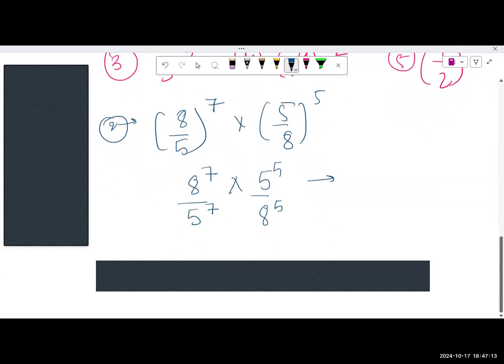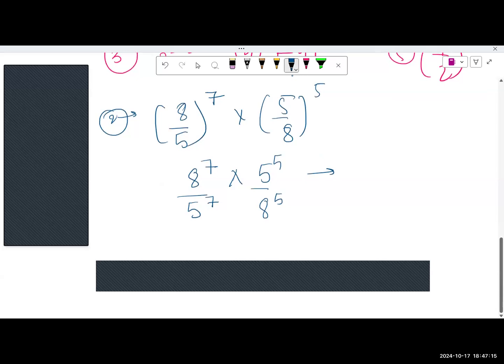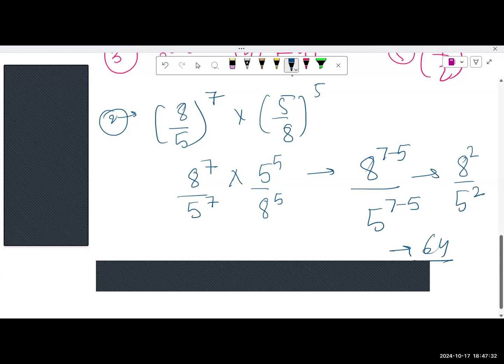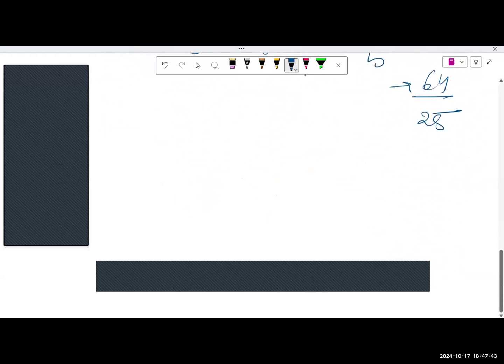You can clearly see that 8 to the power 7 and 8 to the power 5 are being divided, so you write 7 minus 5 and here also 7 minus 5. So you will have 8 to the power 2 upon 5 to the power 2. You will have 64 by 25. Do you understand this? Yes, ma'am.